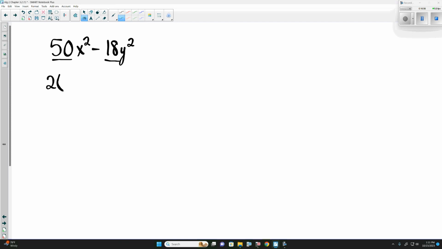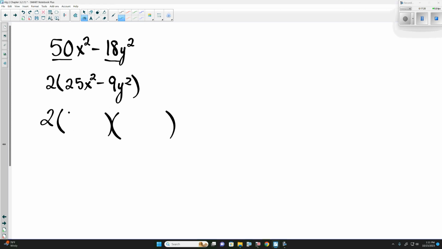Because 2 would go into 50. If we pull it out, we're left with x squared minus 18 divided by 2 is? Now is it a difference of perfect squares? Yeah, sometimes there is a greatest common factor that we can pull out that will make it be a difference of perfect squares.